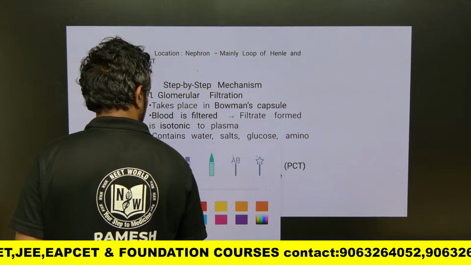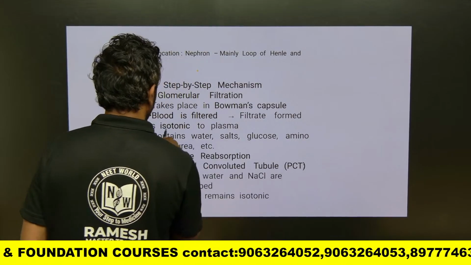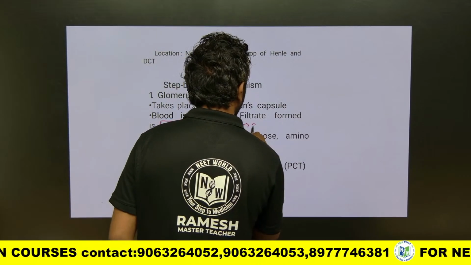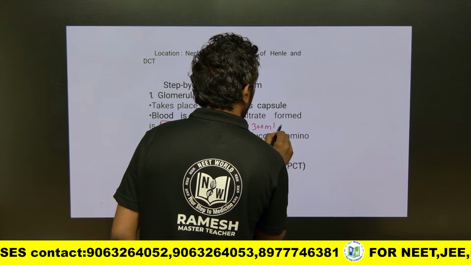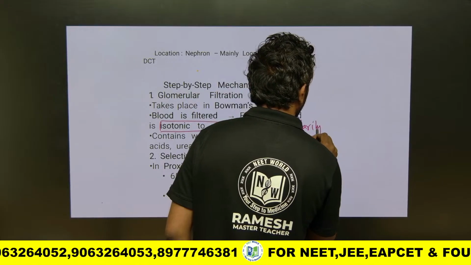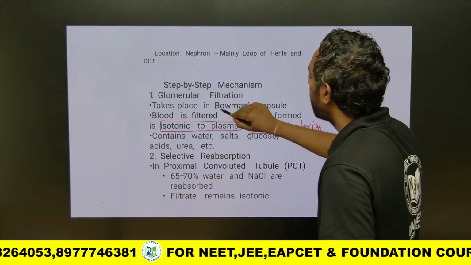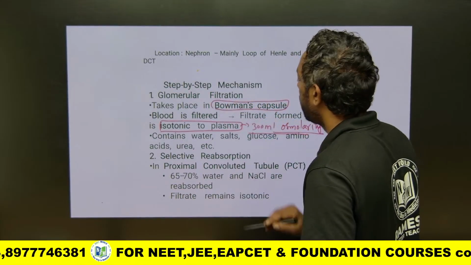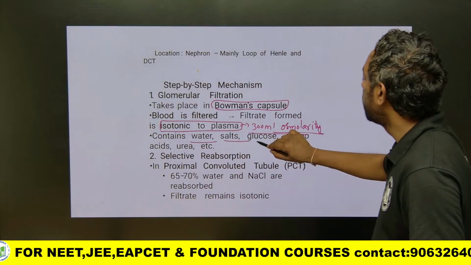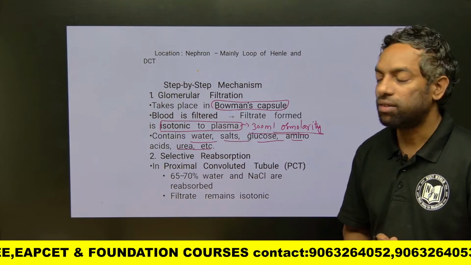This is isotonic, guys, with 300 milliosmolarity in the Bowman's capsule, which contains water, salts, glucose, amino acids and urea.